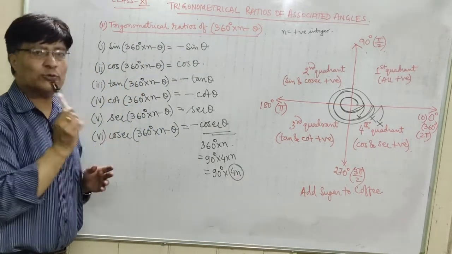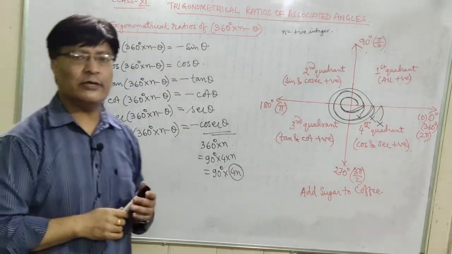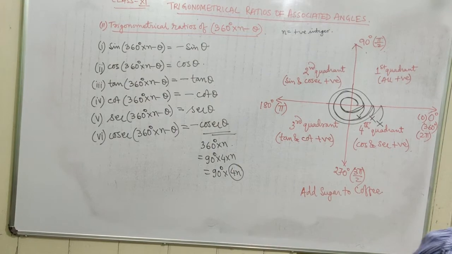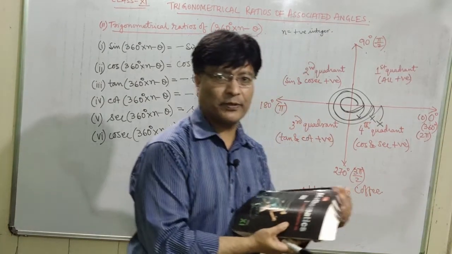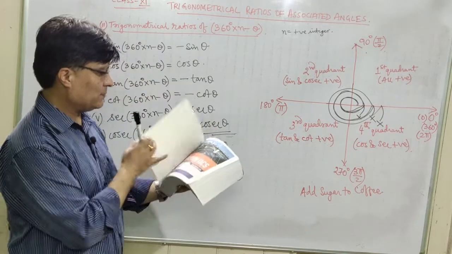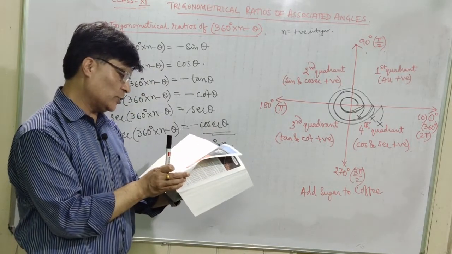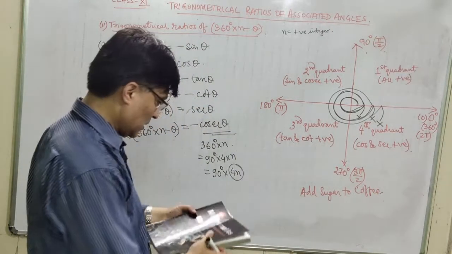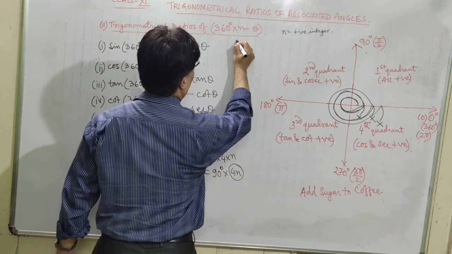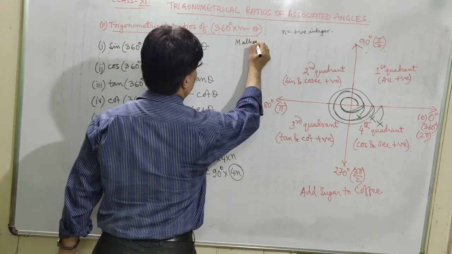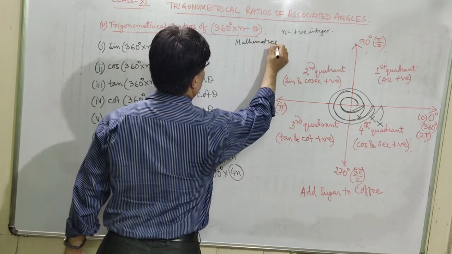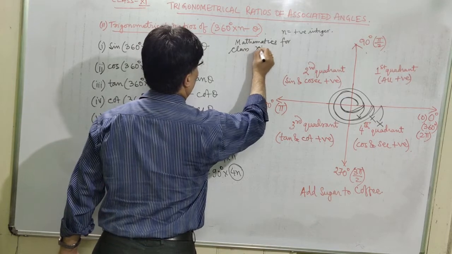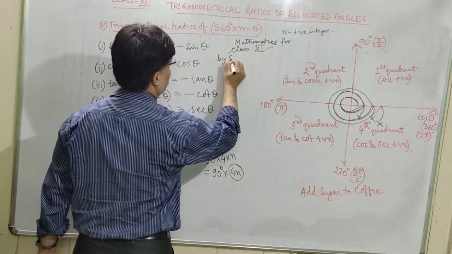So in the next online class, we'll do problems on these trigonometrical ratios of associated angles. So all of you must have this book. You buy this book, okay? This is Mathematics by Sailendra Pradhan. I'll write down the book name: Mathematics for class 11 by Sailendra.